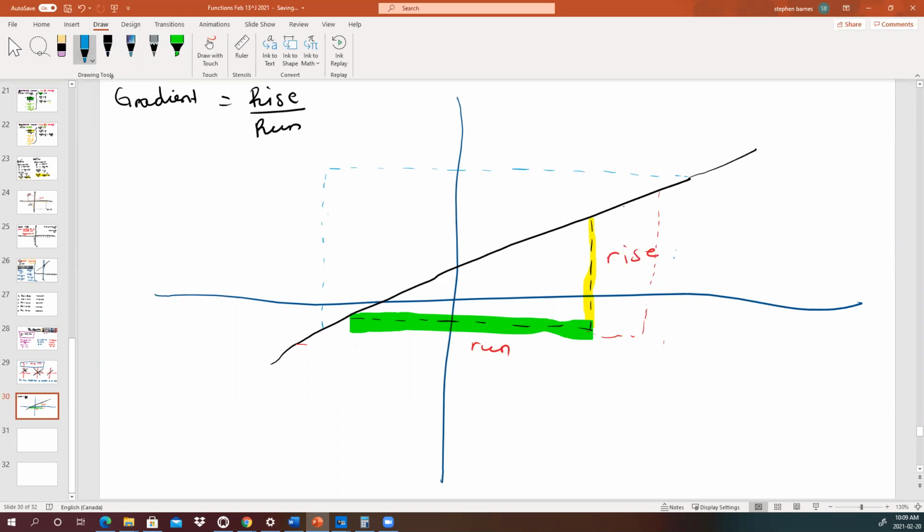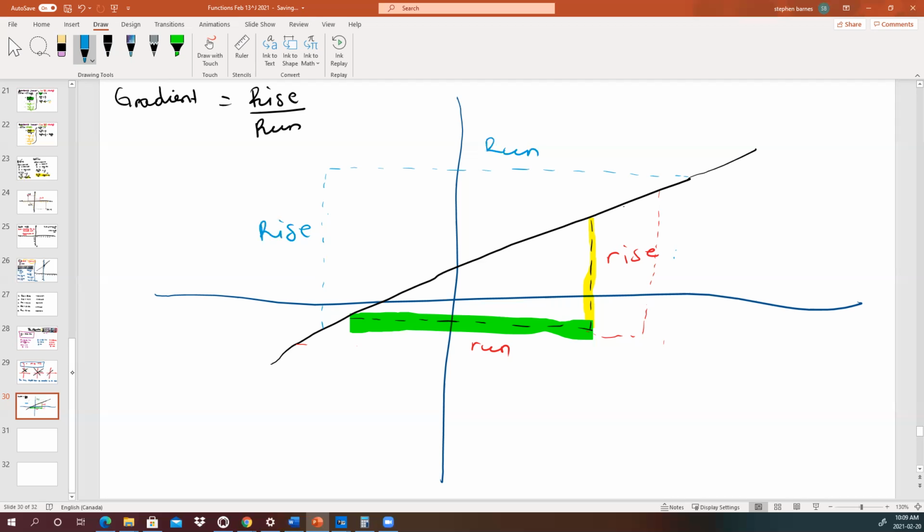Your rise would be over here. And your run would still be from left to right. So this would be your run. And you would measure it just the same. Clear? Yes, sir. So no matter where you put your rise and run triangle, as long as it connects 2 points along the line, it could be on top of the line or on the bottom of the line.